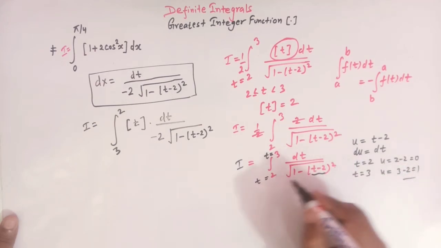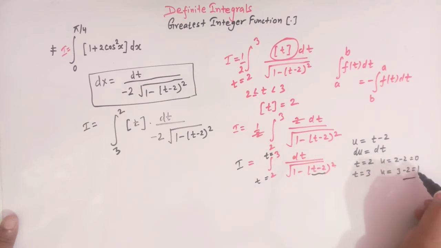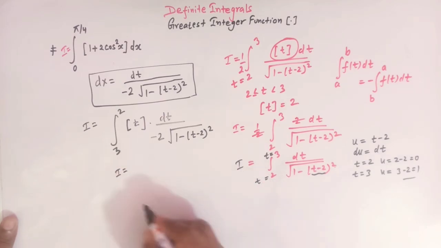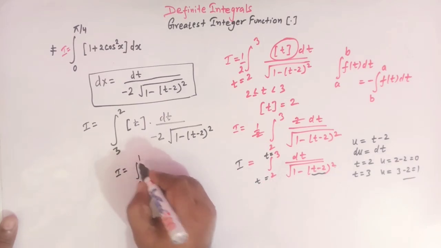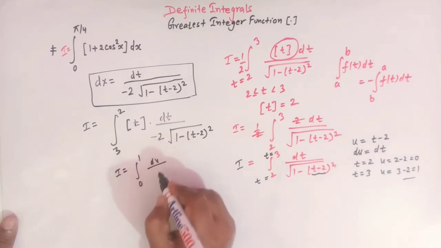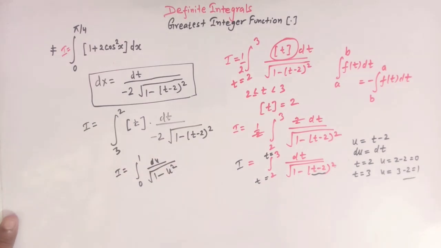So when t varies from 2 to 3, then u varies from 0 to 1, right? So now this integral I can be written as integral 0 to 1. For dt we can write du, and in the denominator we have square root of 1 minus u square, right?